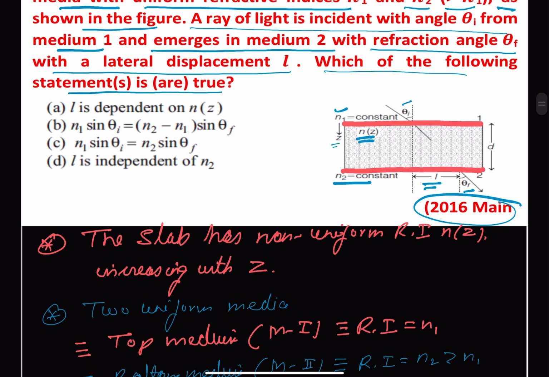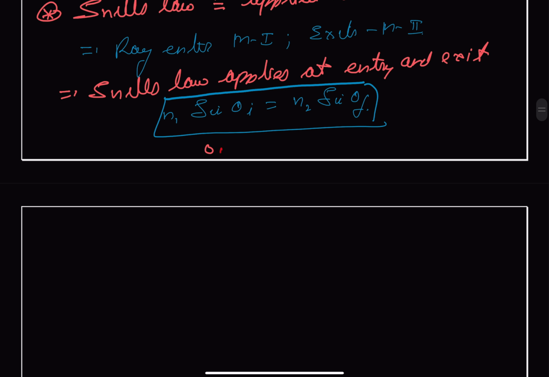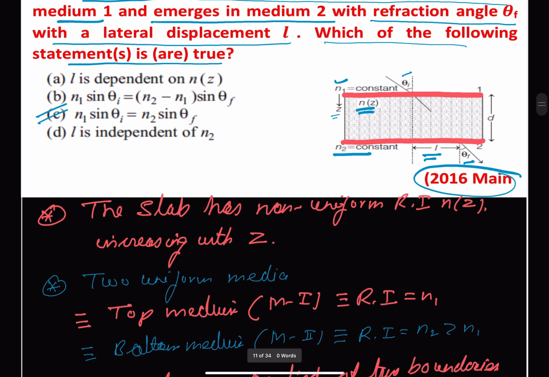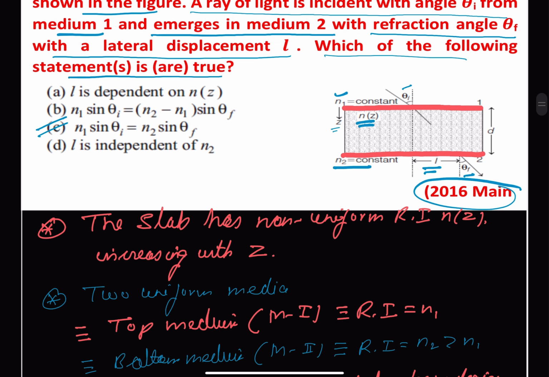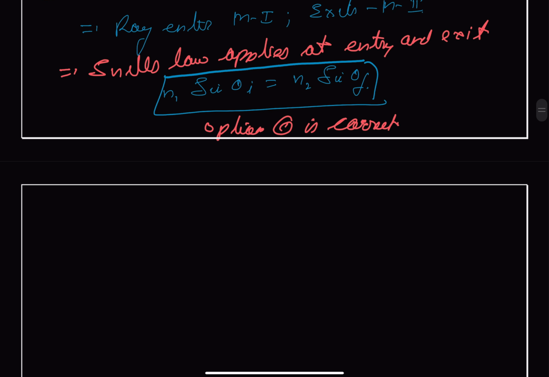Therefore, option C is correct. The corresponding option B is incorrect because it doesn't follow Snell's law. Based on this entire discussion, we can conclude that option B is incorrect.